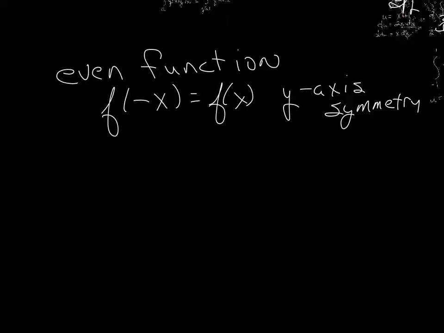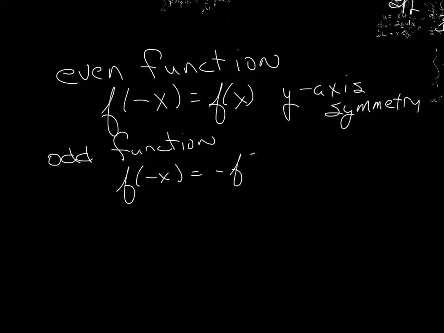If we have an odd function, in other words, f of negative x equals the opposite of f of x, we have origin symmetry.